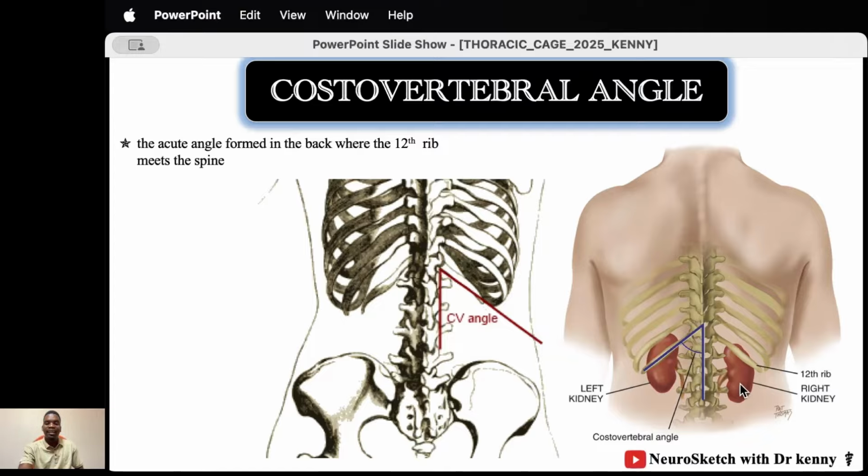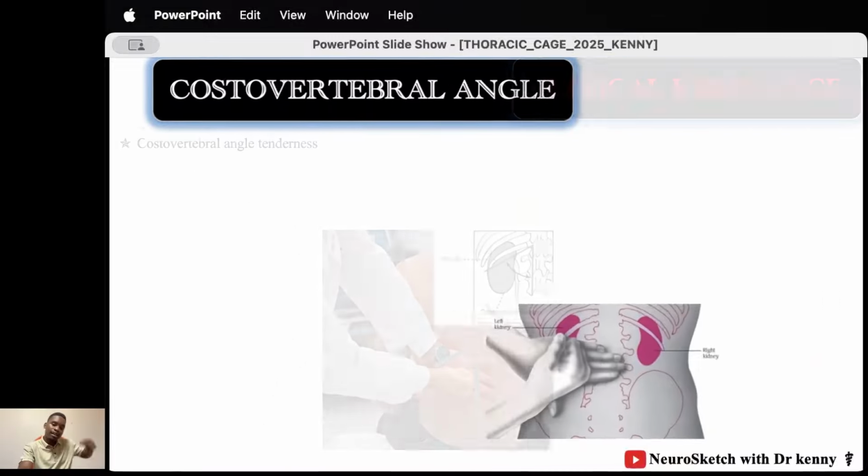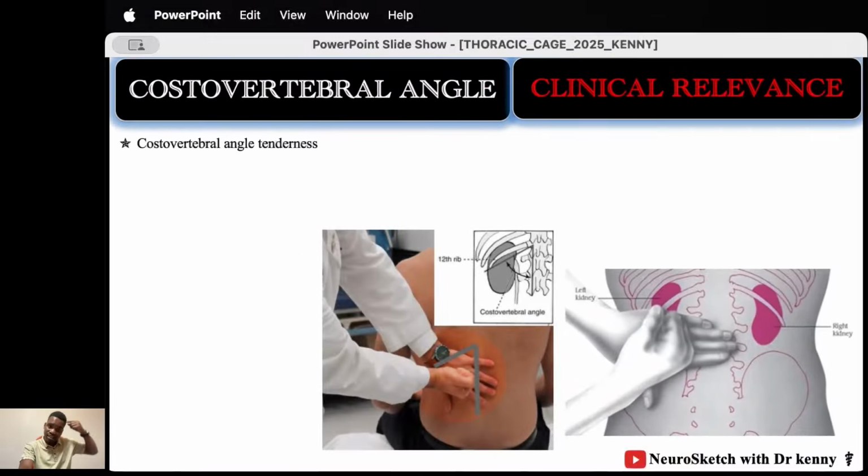This angle is important because it marks the location of the kidneys, but the clinical repercussion, we are not doing it for fun. The clinical repercussion of the costovertebral angle is when the kidneys become inflamed. When the kidney is inflamed, if you hit at the costovertebral angle, the patient will have tenderness.